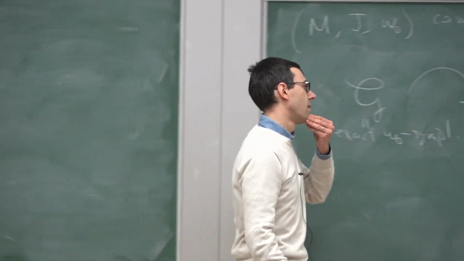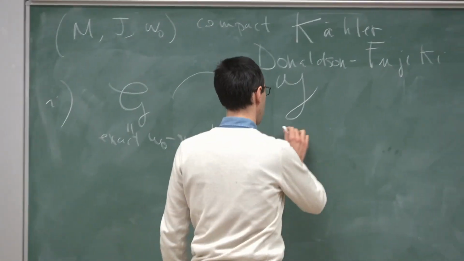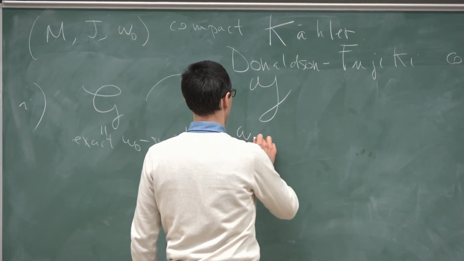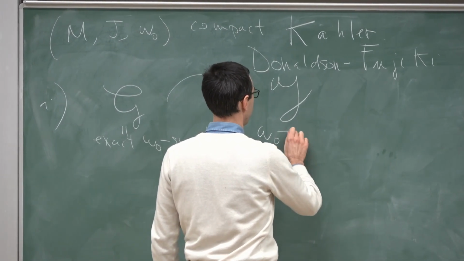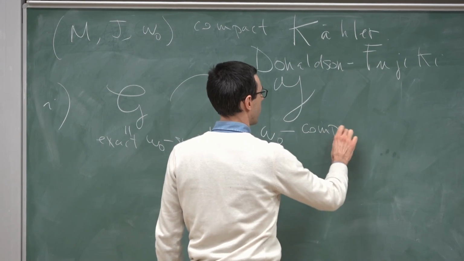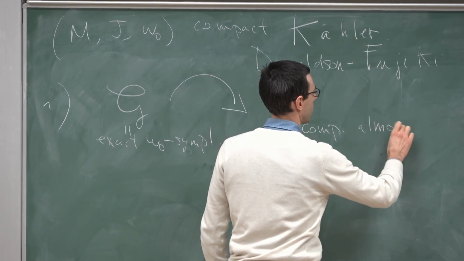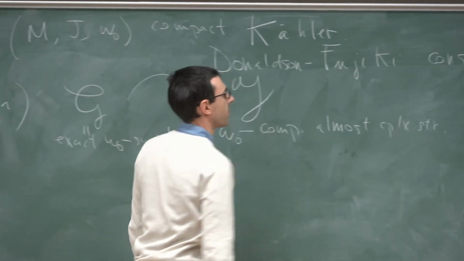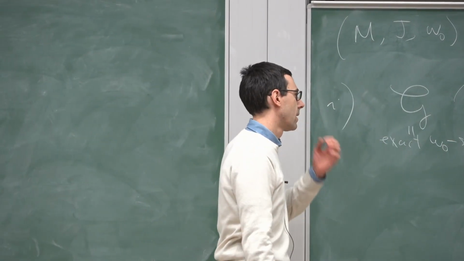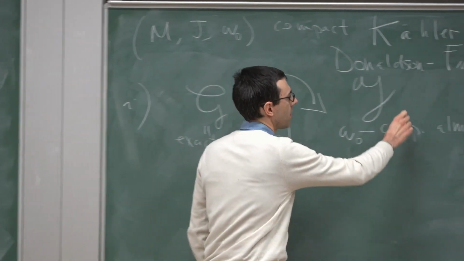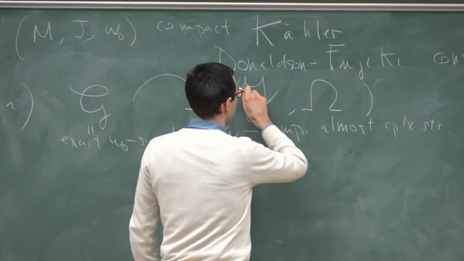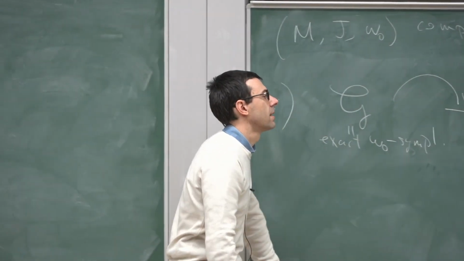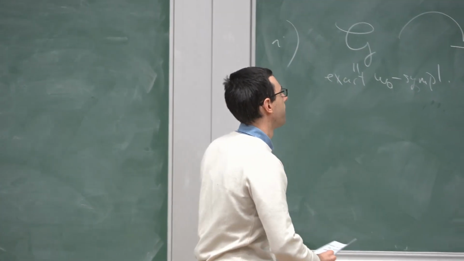manifold of compatible almost complex structures by pullback, and this comes with a kind of formally Kähler structure, and the action is Hamiltonian.